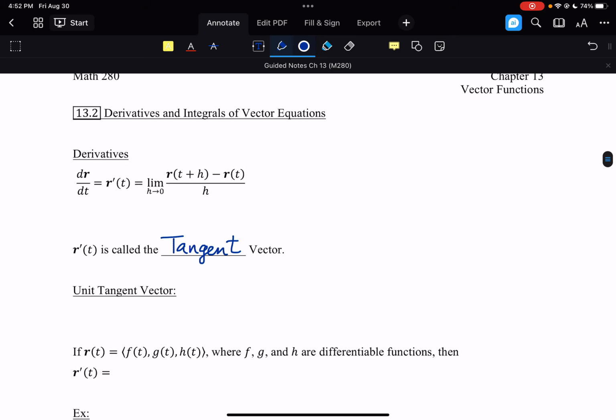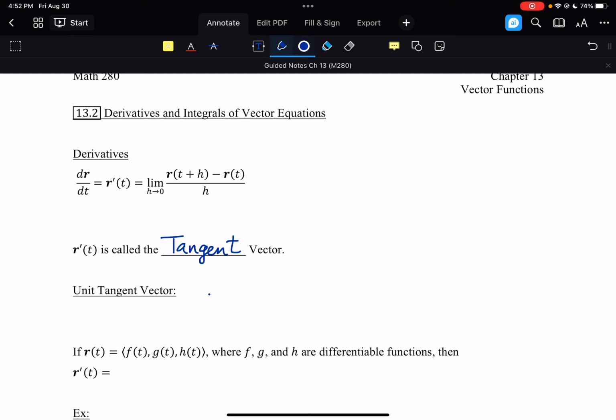As we go through more topics on vector functions and derivatives, we may need what we call the unit tangent vector. To get the unit tangent vector, we take the tangent vector, r prime, and divide it by its own length. That's what gives it a length of 1 and makes it a unit vector.